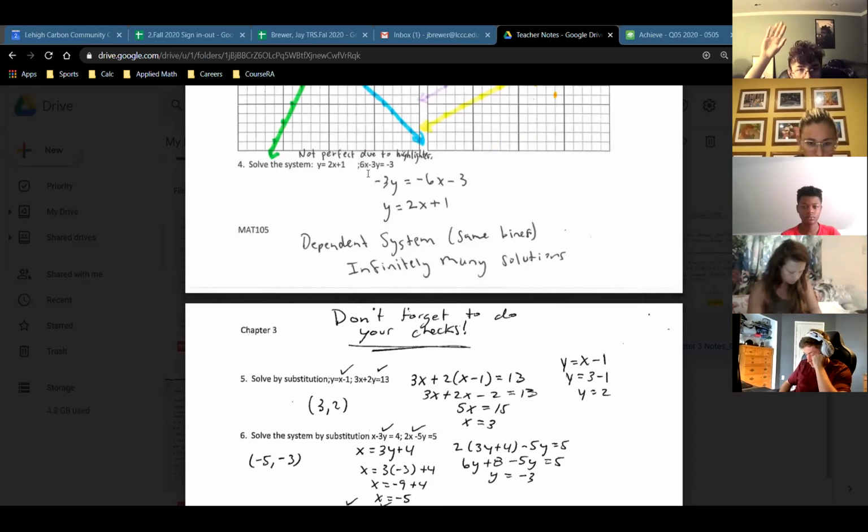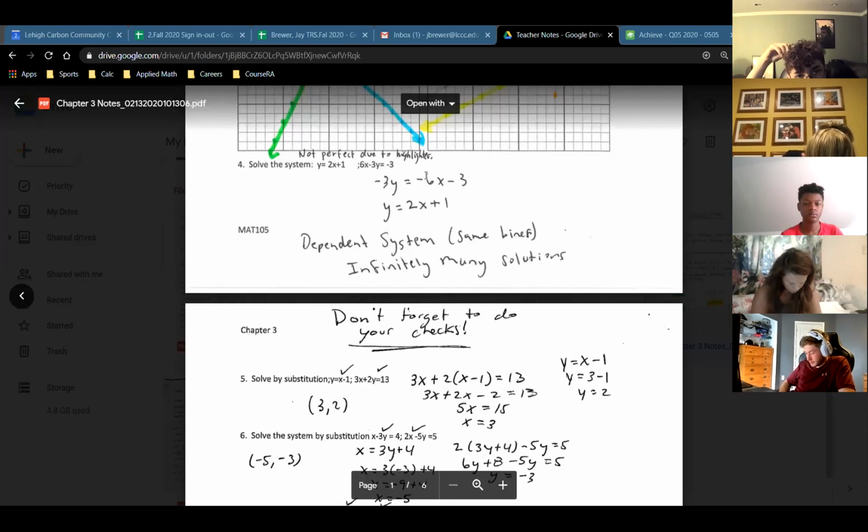Go ahead, Gavin. I think that you put y into, do you put y over where it is in the second equation? 2x plus 1 into that equation?